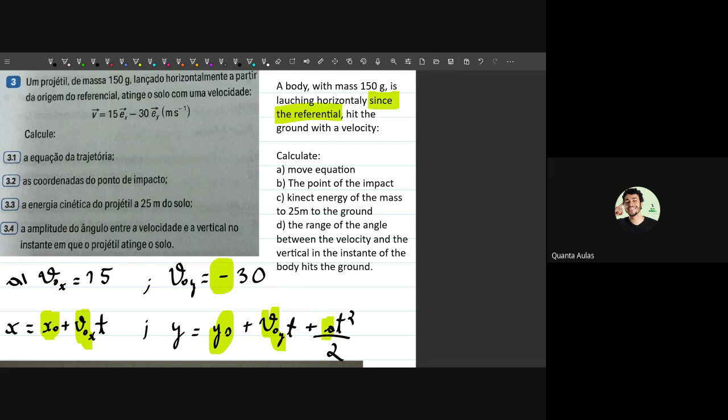Let me see. Just a moment. Yeah, this is very simple. Your drawing needs to be more precise about the velocity because it's the information you have, right?